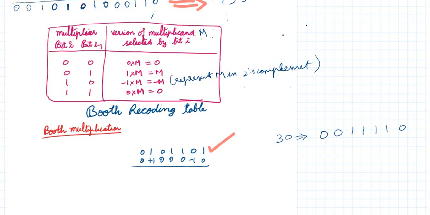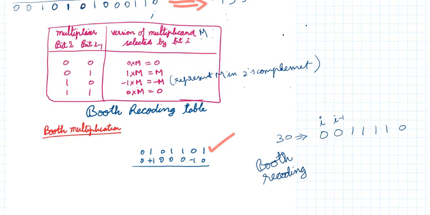Now I am using Booth recoding. What does Booth recoding say? You compare. I am taking an example. If this is i, this is i minus 1. So I have to compare this 0 with the next 0, and fill it here.